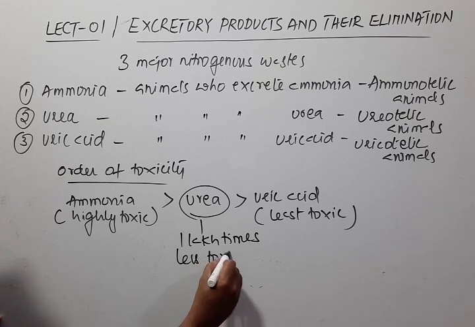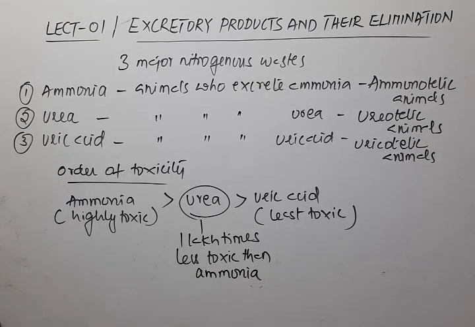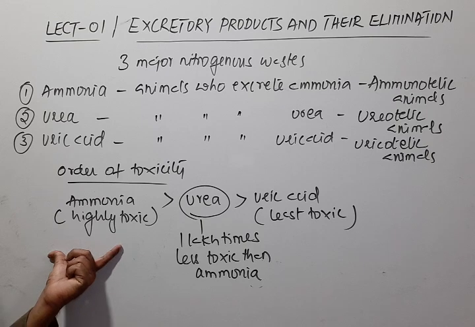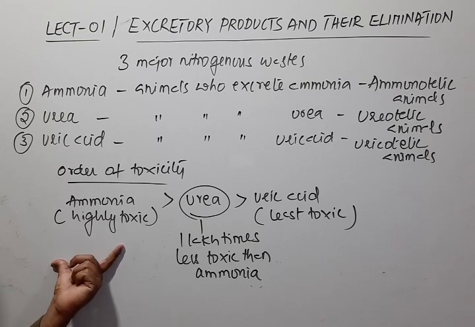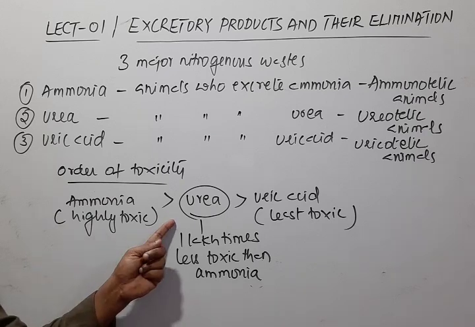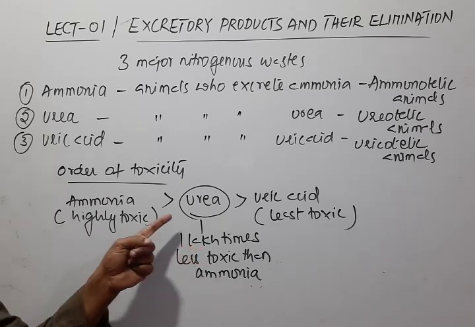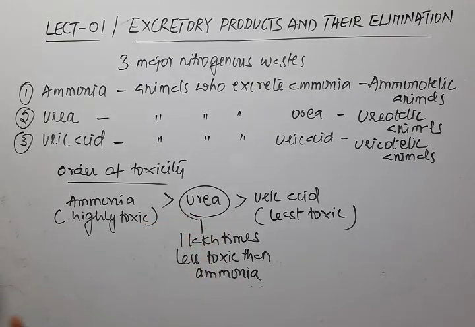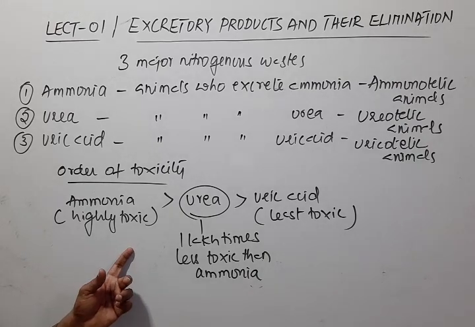I told you that most of the aquatic animals release the produced ammonia directly by using the water, whereas terrestrial animals will convert this ammonia into urea and uric acid, because in the case of terrestrial animals, the availability of water is less when compared to aquatic organisms.